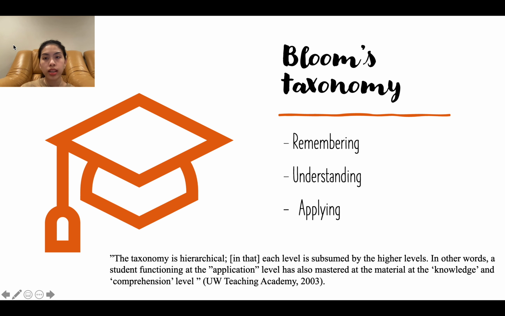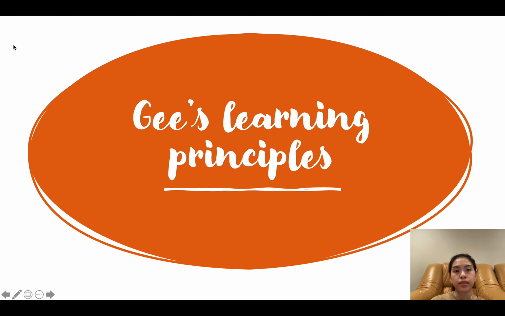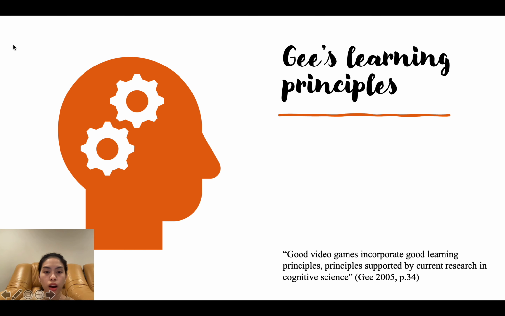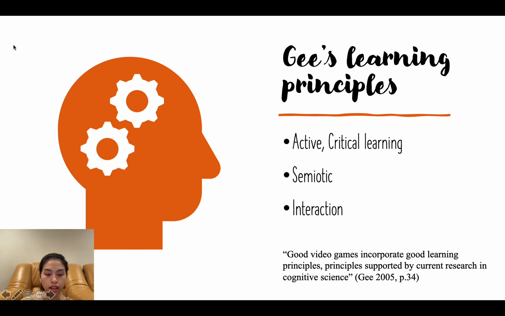The next one is Gee's learning principles. According to Gee, in 2005, good video games incorporate good learning principles supported by current research in cognitive science. My project fits three principles: active critical learning, semiotic, and interaction.